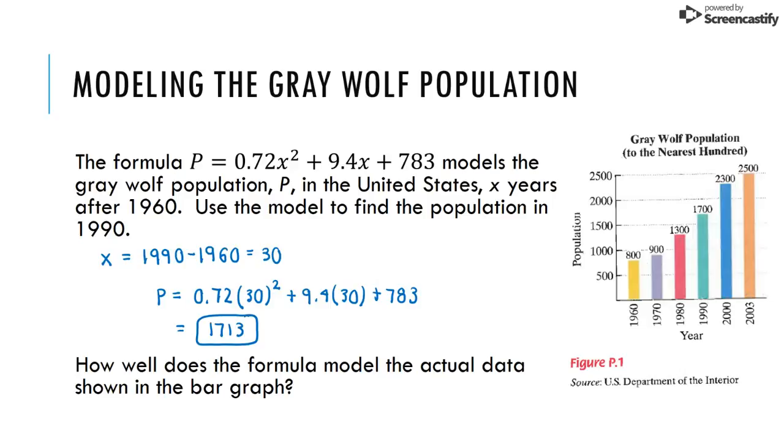Then it's asking how well the formula models the actual data shown in the bar graph. So we go over to the year that they're asking for, which is 1990. Notice that the bar graph is telling us we have 1,700 for our gray wolf population. And since our answer was 1,713, I would say that it is a pretty accurate representation.